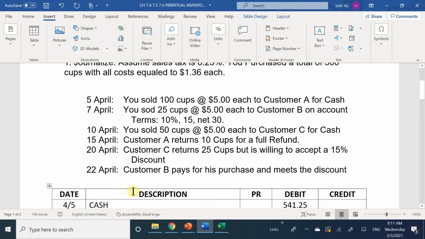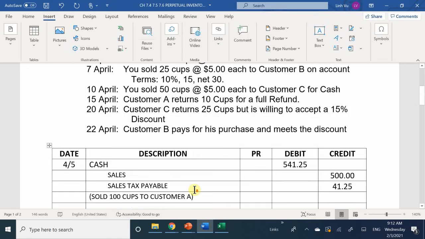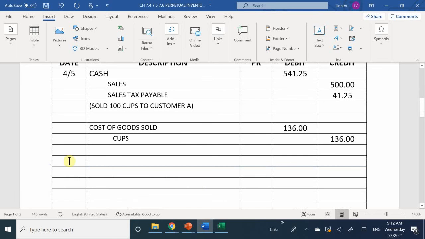Then what has happened next? On April 7th, I sold 25 cups at $5 each to customer B on account, and I gave him terms of 10/15, net 30. Accounts receivable, good.